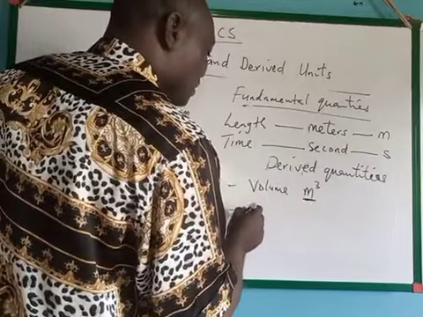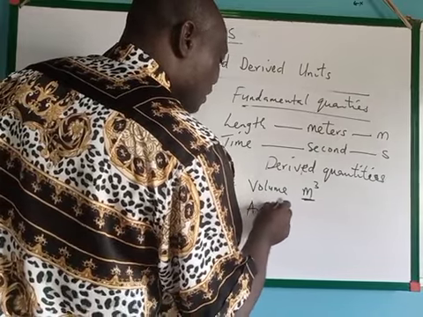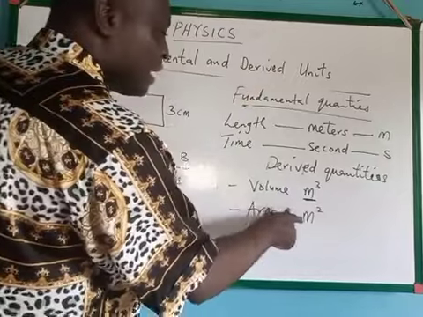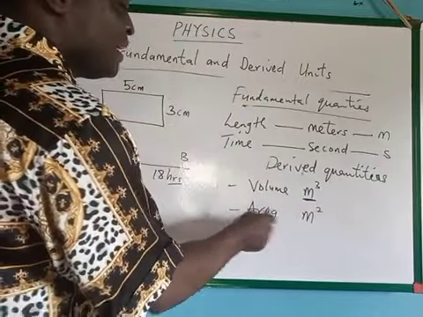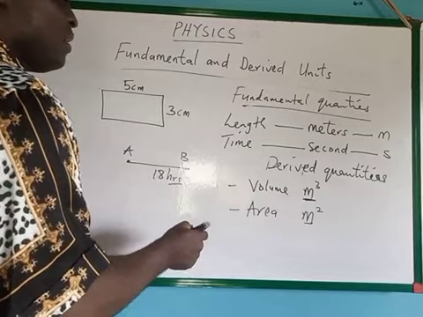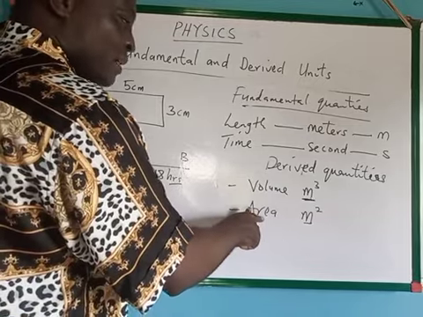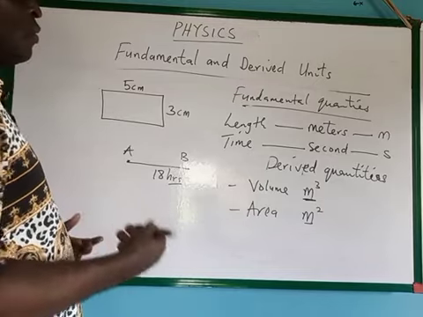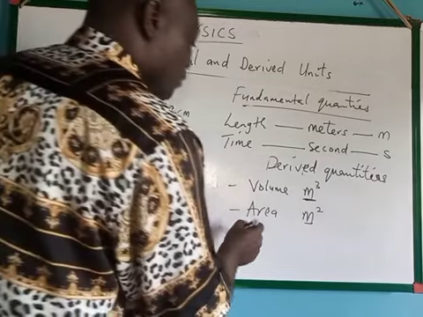What about area? The SI unit of area is what? Meter square. So meter square becomes the derived unit of area. Which other one do we have? We have force.